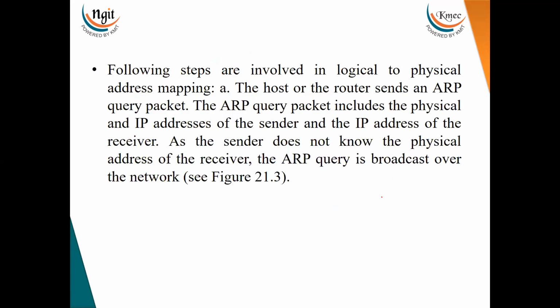Now, what are the steps we follow for the ARP operation? The first step is that the host or the router sends an ARP query packet. The ARP query packet includes the physical address as well as the IP address of the sender.